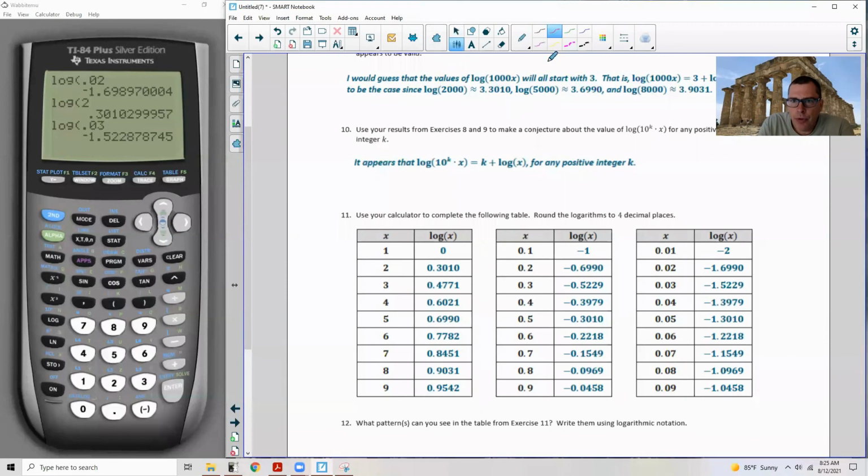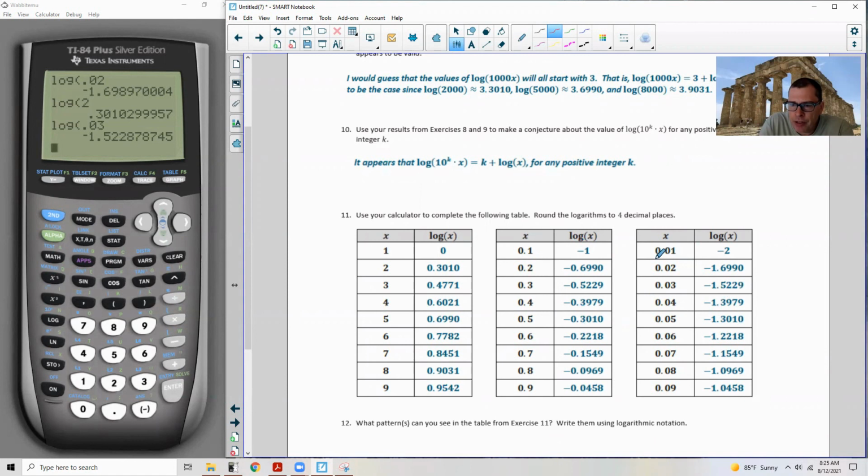Okay, so notice what's going on here. These values after the decimal are all the same as the log of 0.1, 0.01. Moving the decimal to the right just changes the ones position. 1 0 after the decimals, a -1. No zeros after the decimals, a 0.